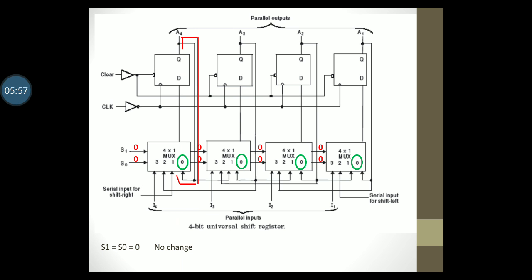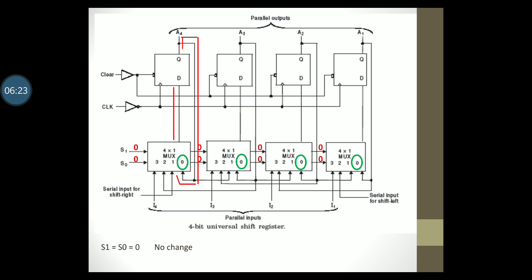Notice the connection marked in red. A connection is made from the output Q of the first flip-flop back to the D0 input of the first multiplexer. Also, the output from the multiplexer goes back as input to the first flip-flop.